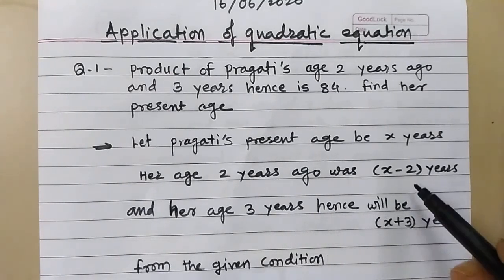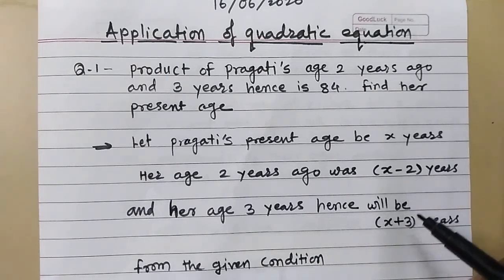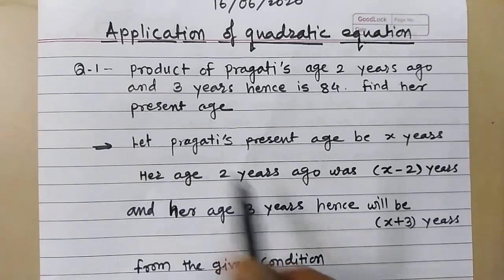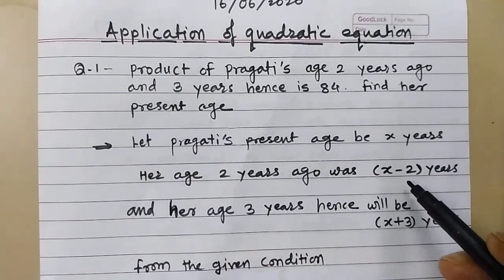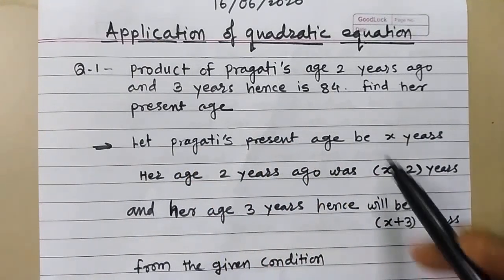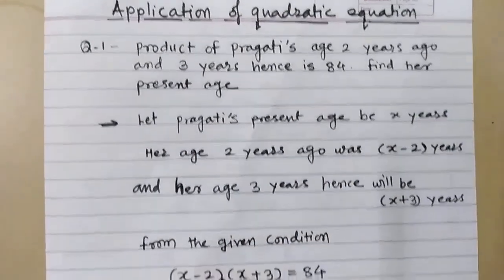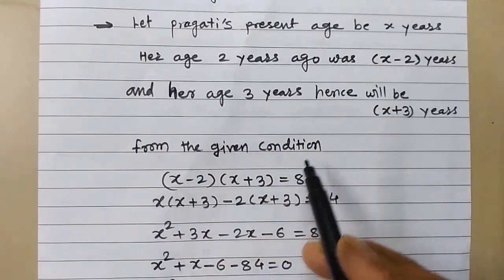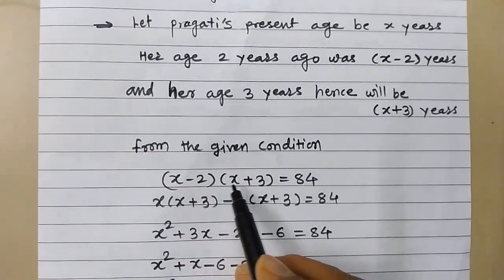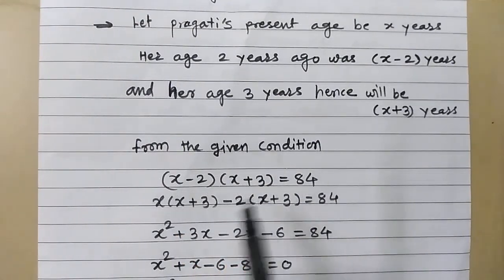These two ages, how we have to use here? The condition is given that the product of these two ages is 84. That's why I am writing here, from the given condition, (x minus 2) into (x plus 3) is equal to 84.